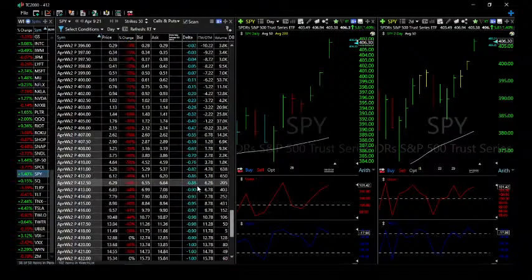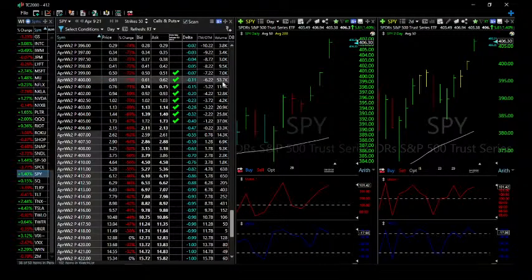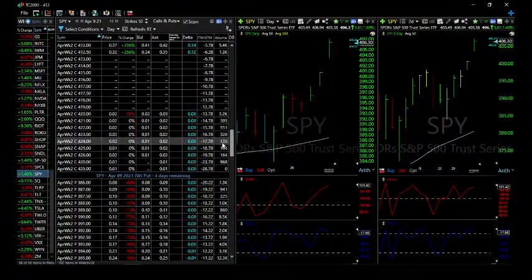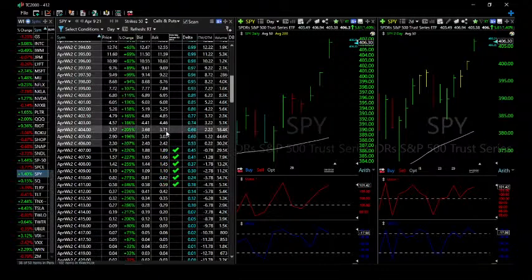Even on the put side, you can look at the volume. If you wanted to bet that it was going to 400, 53,000 contracts traded today. This is the number of contracts that traded. So this is the stock that has the most volume out of any stock that's traded, the SPY.